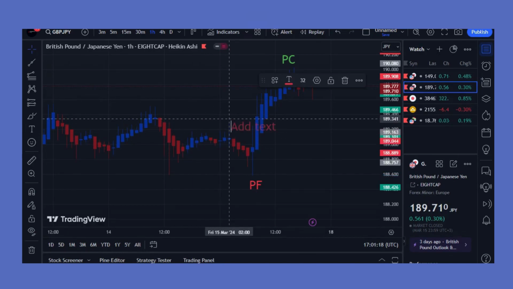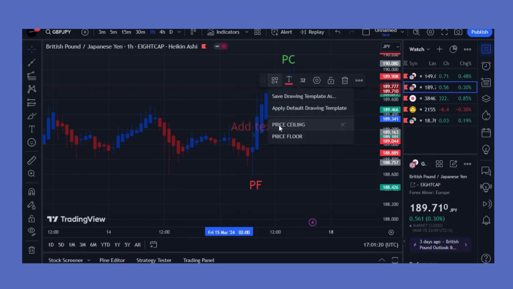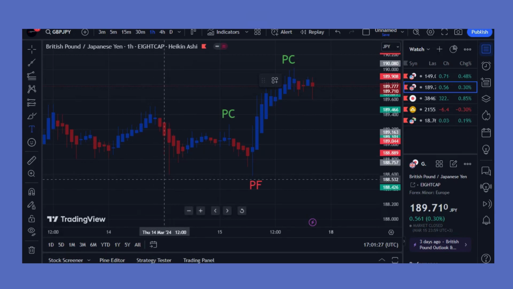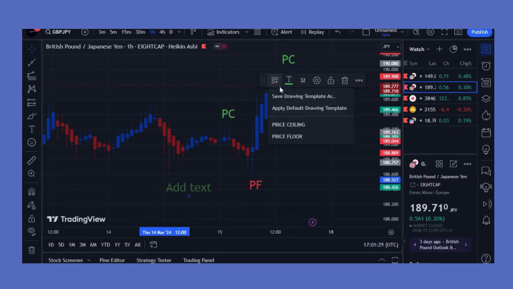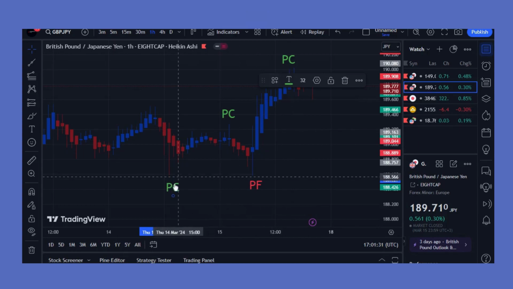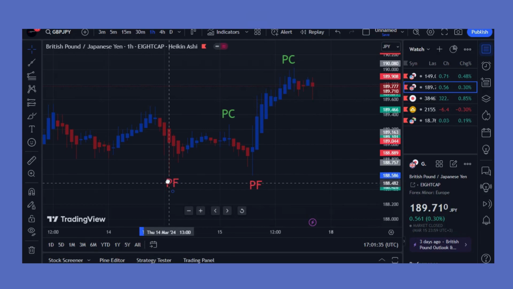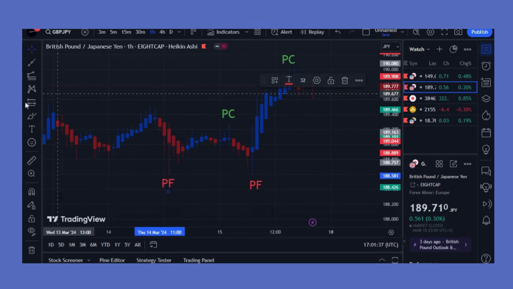Price ceiling here. Price floor. And price ceiling here.